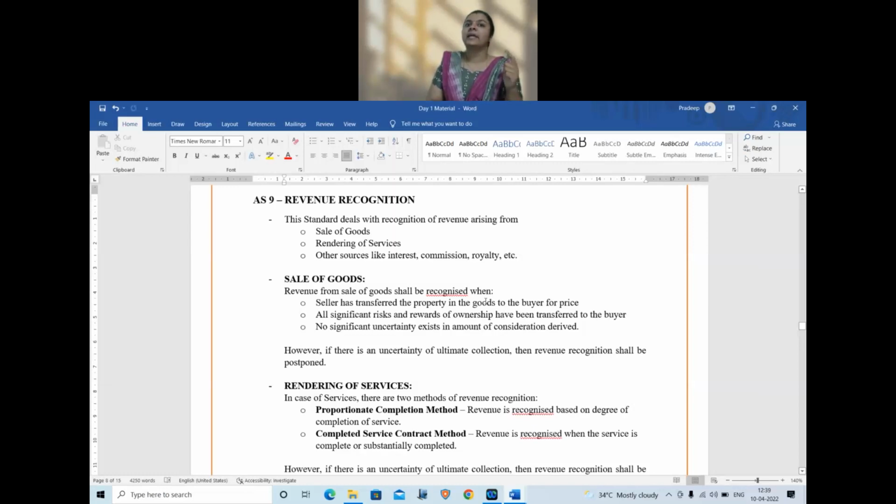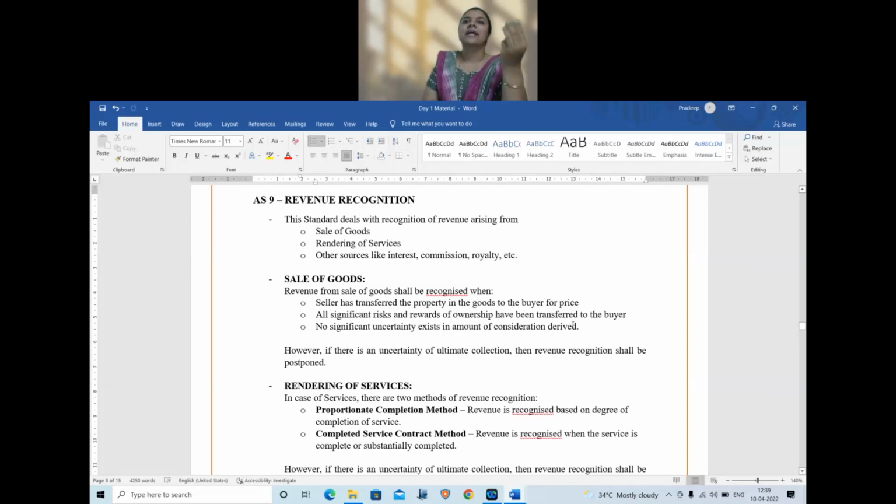Property here is not only ownership, not only possession, it is a combination. And here we will always go by substance over form. Legal ownership is not the only mandatory point. You should have the risk and rewards being transferred, which is your second point. All significant risk and rewards of ownership have been transferred to the buyer.